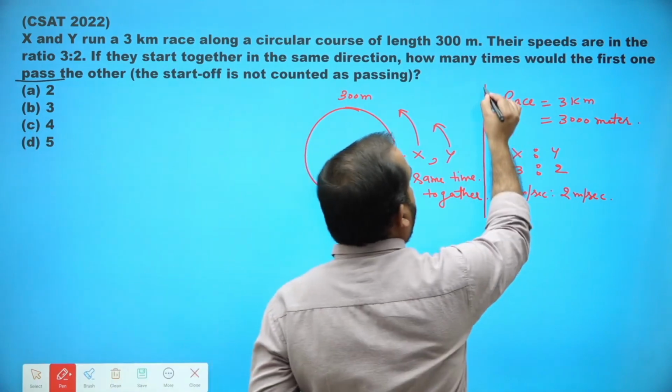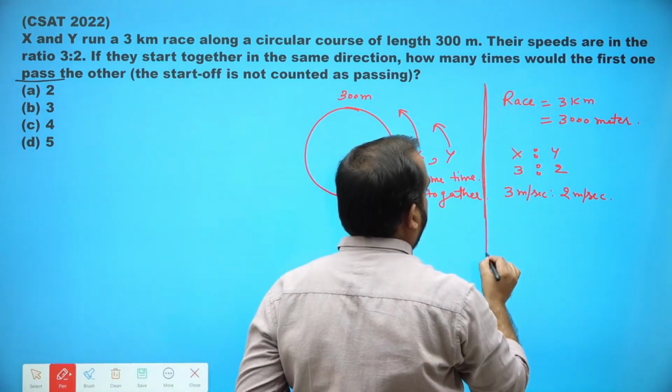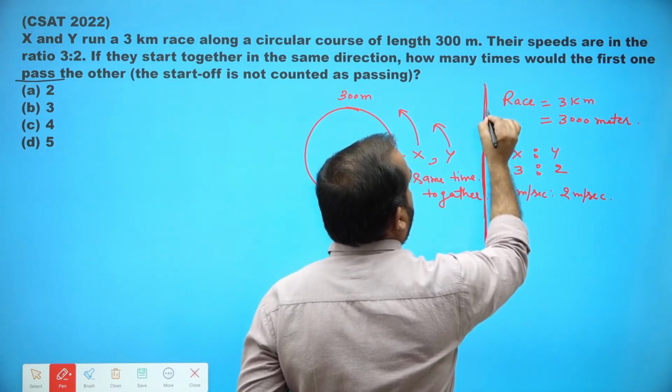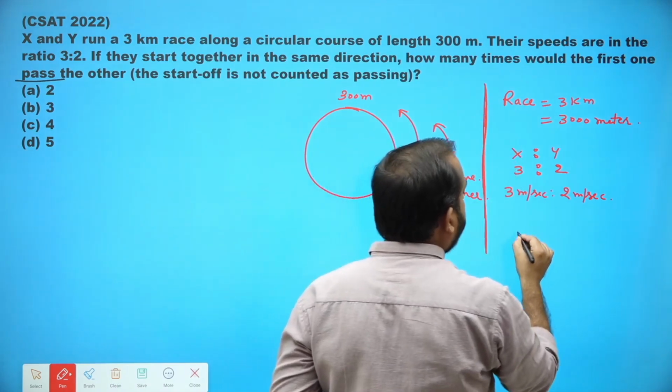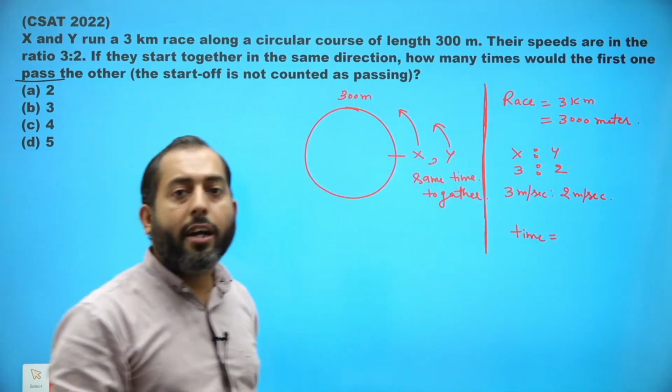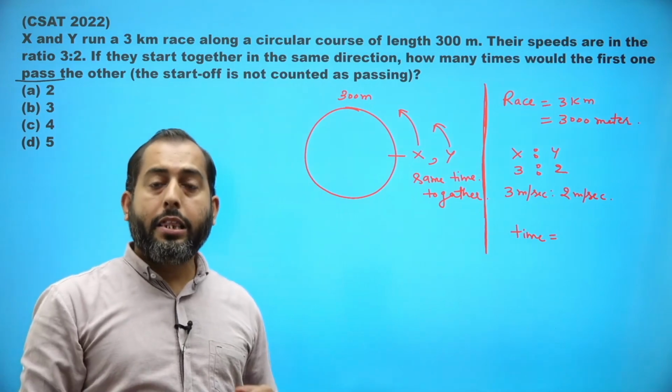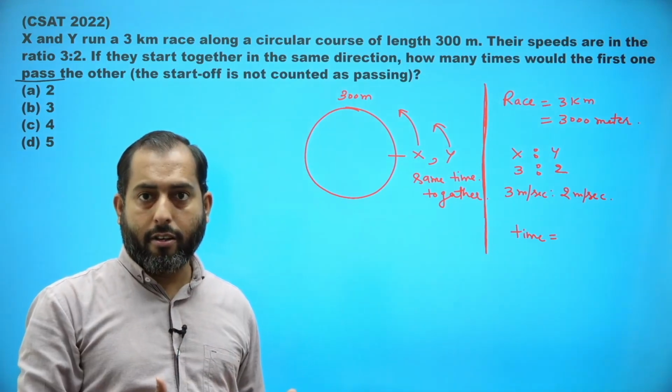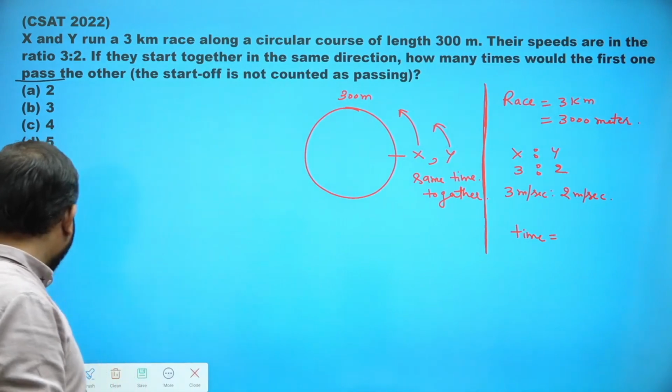The time taken by X to cover 300 meter extra will be equal to what?